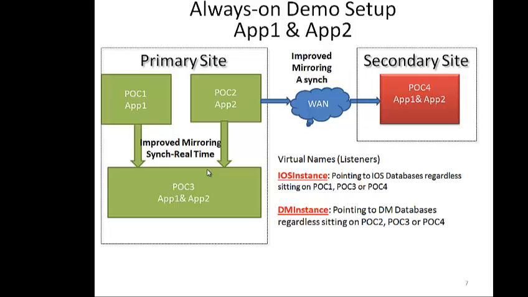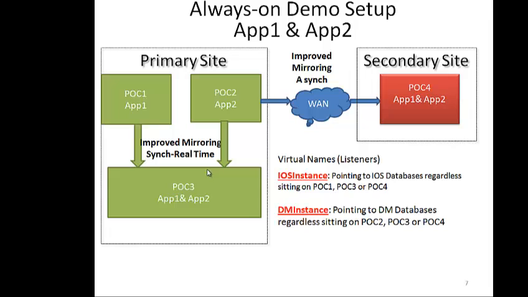You can fail over from POC1, POC3 to POC4 manually if you want, but POC4 is actually on the DR side. Same thing is true with the DM instance, which is hosting the app2 instance. The only difference is the primary residence of app2 is POC2, but if POC2 goes down, it will automatically fail over to POC3.